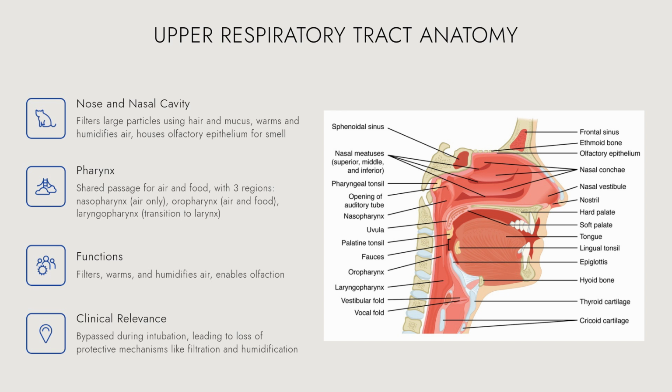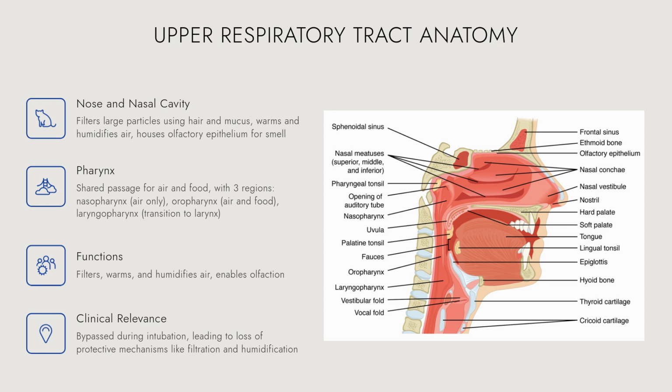Upper respiratory tract anatomy. The upper respiratory tract starts with the nose and nasal cavity, which filter out large particles like dust using hairs and mucus. These structures also warm and humidify air, optimizing it for the lower airways.